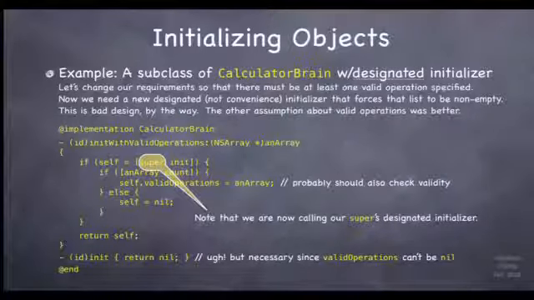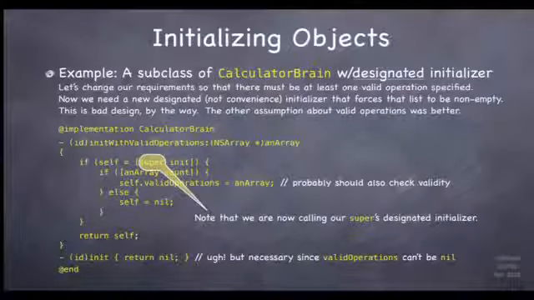I need to call my super's designated initializer from my designated initializer. Okay, so that's why I'm calling super, because that's NSObject's. And then I'm checking the array to make sure it has something in it. And if it does, then I'm going to set my valid operations to the array, and off we go. Otherwise, I'm going to say self equals nil and return self. In other words, I'm going to fail to initialize, because I'm requiring that the valid operation list have at least one operation in it.